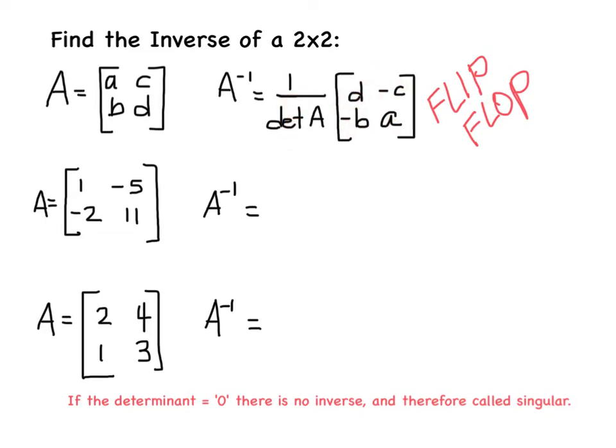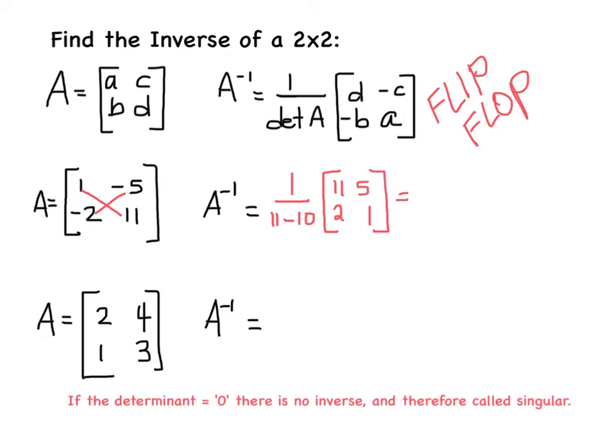So let's see what that does. I'm going to multiply by 1 over the determinant. The determinant here is 11 minus 10. So that's 1, but now we're going to flip-flop. So I'm going to change the place of the 11 and the 1, and I'm going to change the signs of the 2 and the 5.